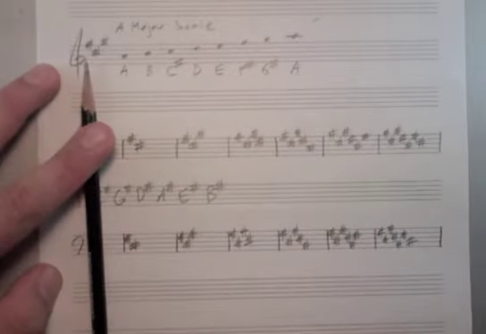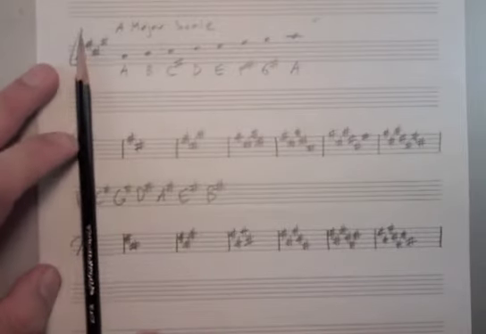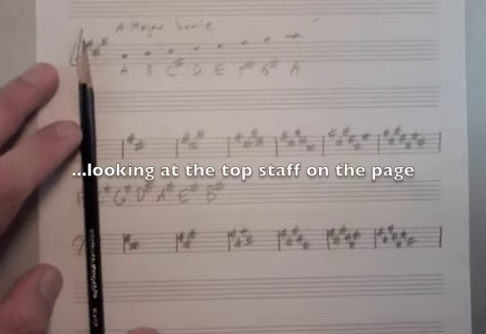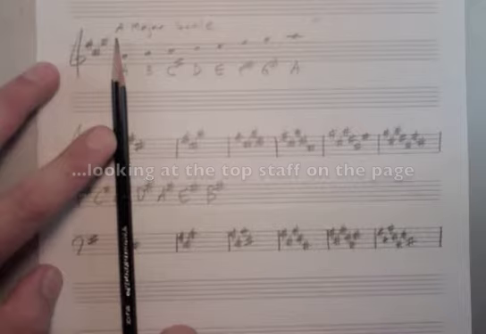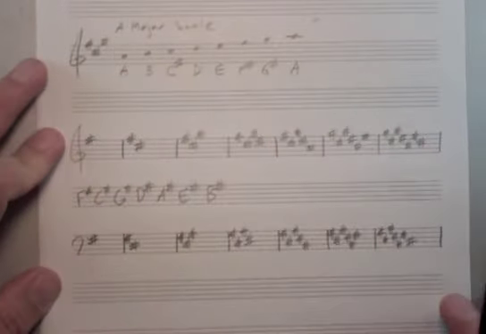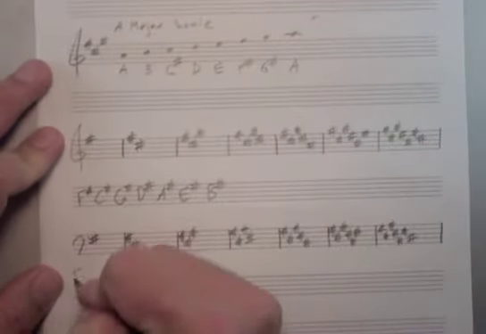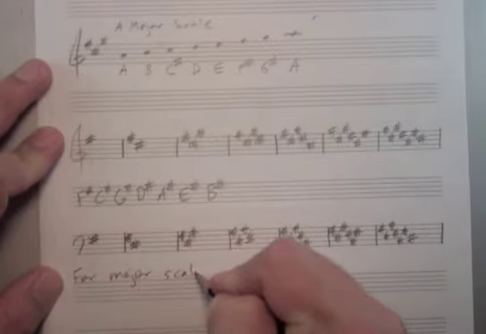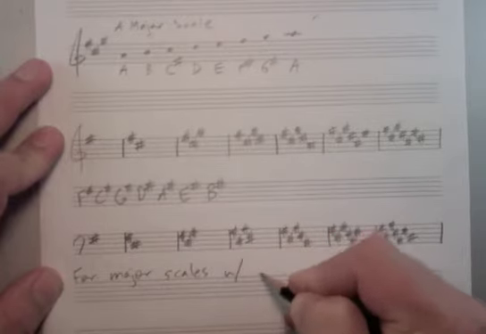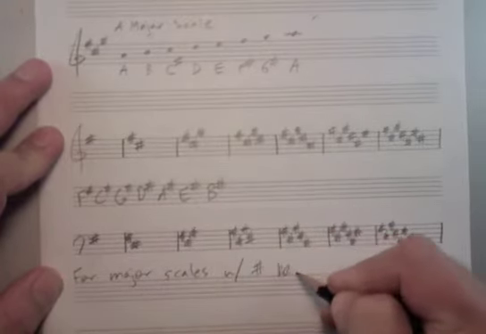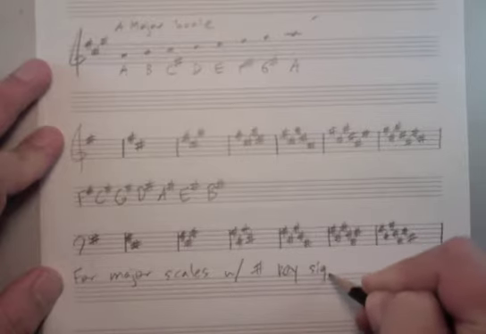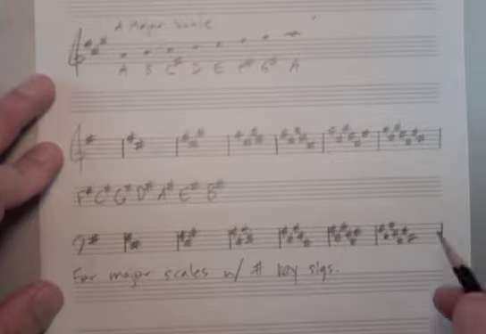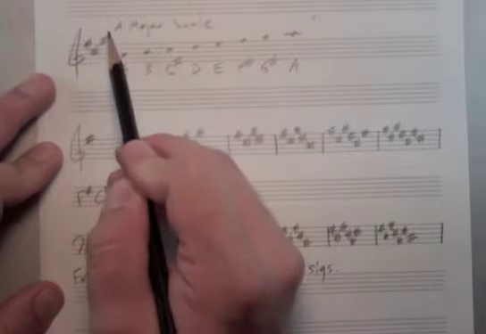One thing I didn't mention is that key signatures read from left to right. So if we were to read this key signature, it would be F sharp, C sharp, G sharp. And so for major scales with sharp key signatures, I'm going to write SIGs. What you do is you go to the last sharp.